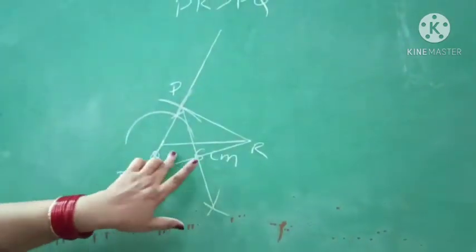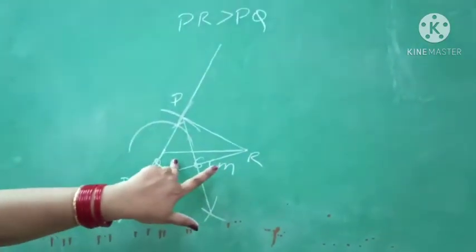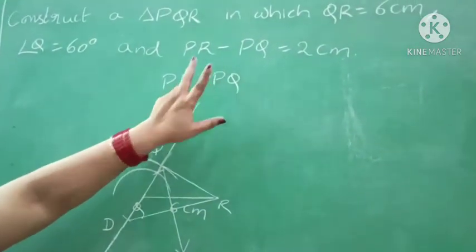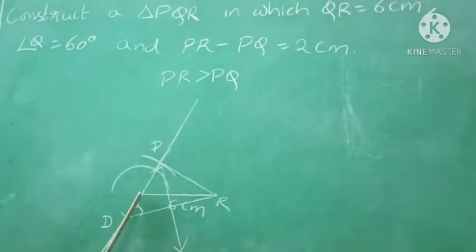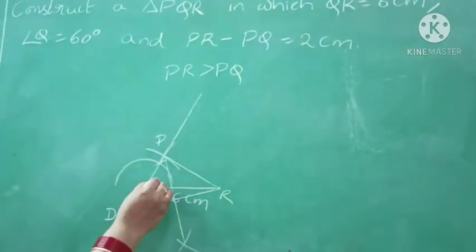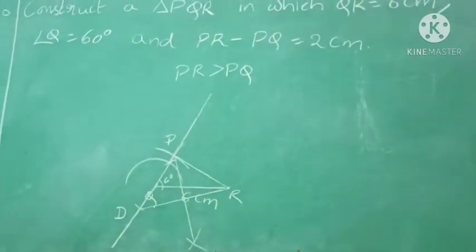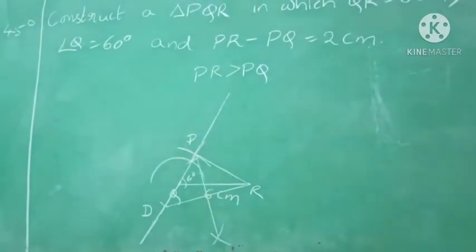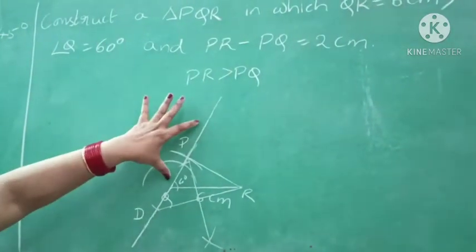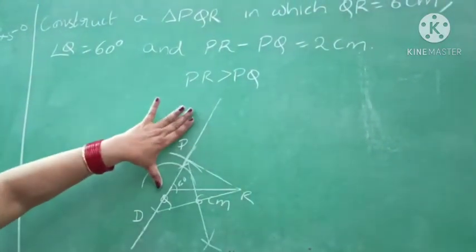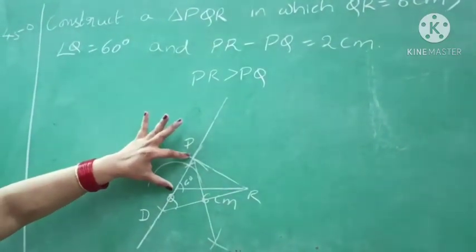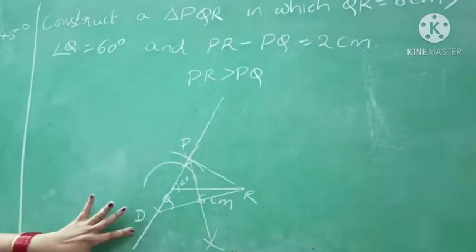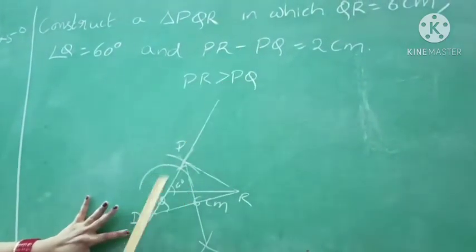See, once again we are going to construct the triangle where the difference of two sides is given. QR is given as 6 centimeters and angle Q is given as 60 degrees. We have drawn all these angles. Now it is given that PR minus PQ is equal to 2 centimeters. PR is this side, not on this side, so we cannot cut this on this side. So we have to extend this line backwards because PR is greater than PQ.